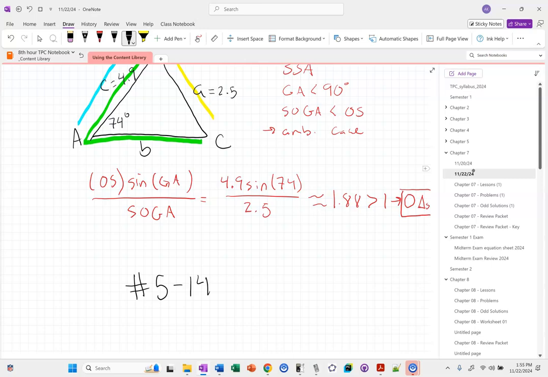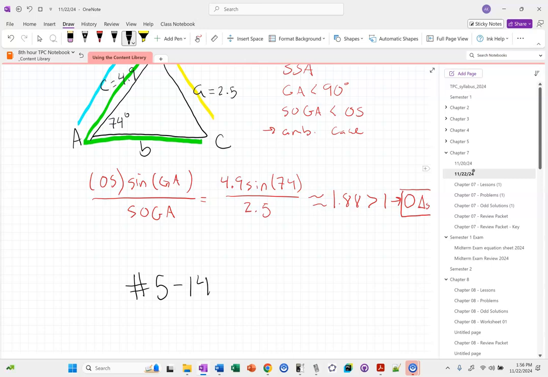When is 5 through 14 going to be due? Three Sundays from now, the Sunday after we get back from break. Nothing is due the Sunday before we get back from break. If you have this Sunday off, enjoy your vacation. Don't worry about your math. 1 through 4. Okay.